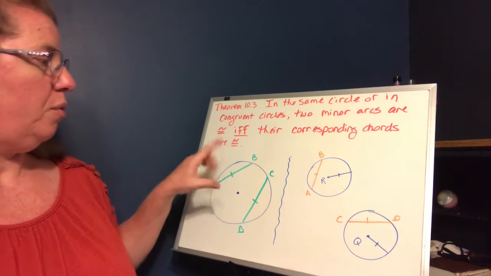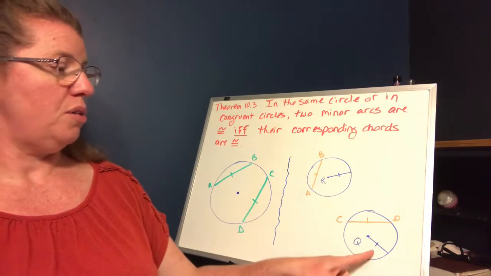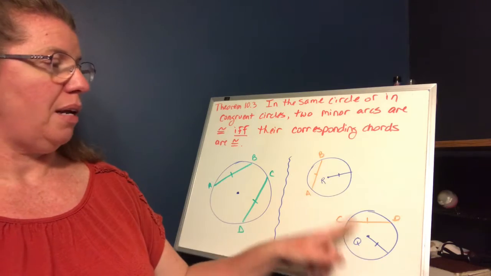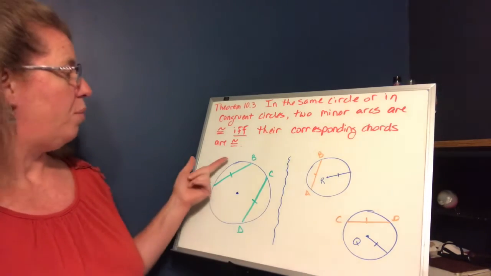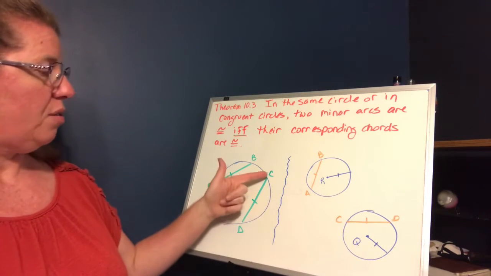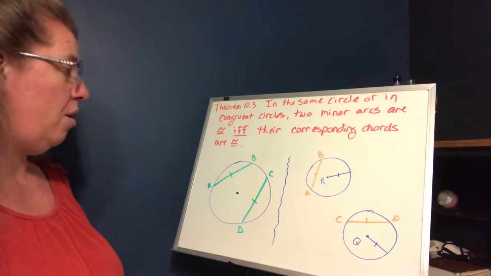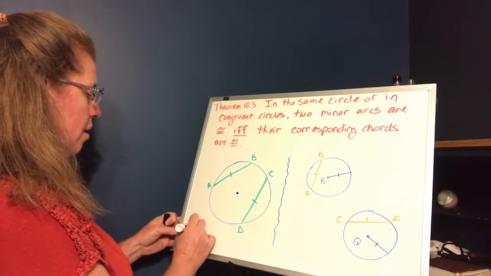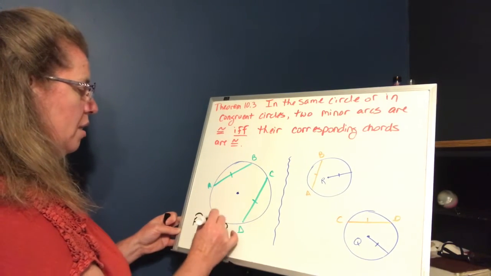This is a circle where you have two chords, and here we have two congruent circles. Notice they have the same radius. The radii are congruent, so that means the circles are congruent. But what this is telling us is, if I know chord AB is congruent to chord CD, and they're on the same circle, then I know that arc AB must also be congruent to arc CD.